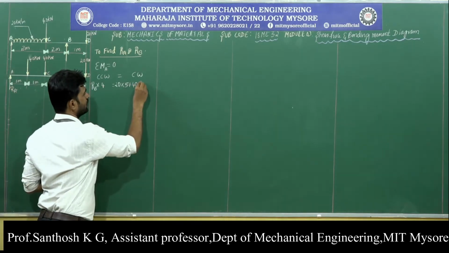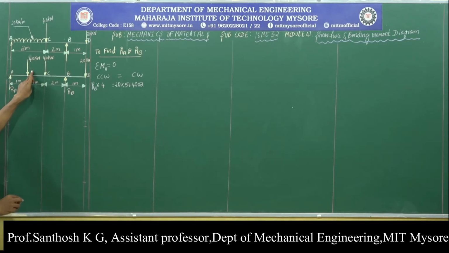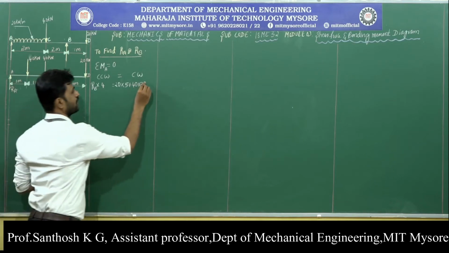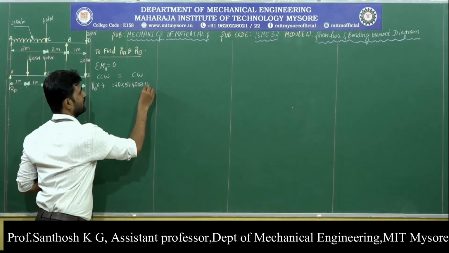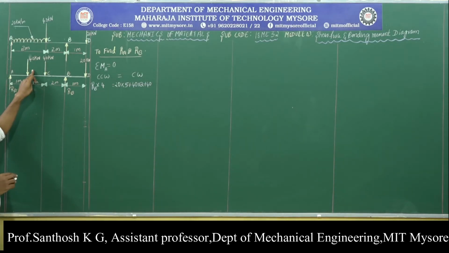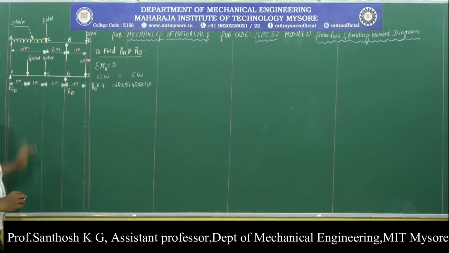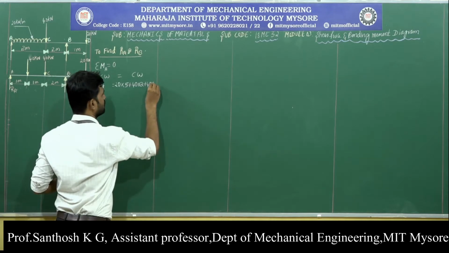So 40 into 2. Then we have one more force of 40 kilonewton, also acting in the downward direction. As a result, we get a clockwise moment, and its magnitude equals 40 multiplied by its distance from A, which is 1. So 40 into 1.